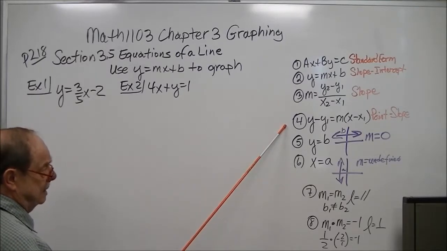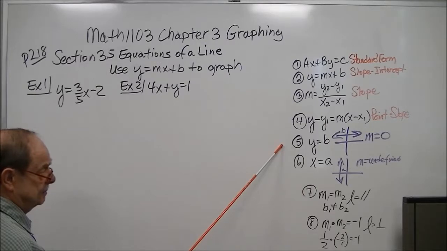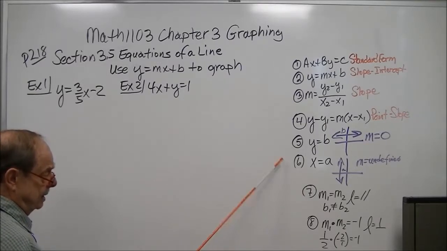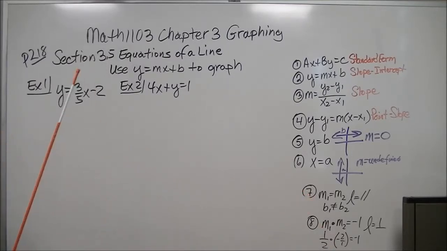I don't know if we're getting it later in this section or next section. And then we've had the special cases of horizontal line and vertical line, and these were just hints as to whether they're parallel or perpendicular. But we're going to focus in now on slope-intercept, which is Formula 2.